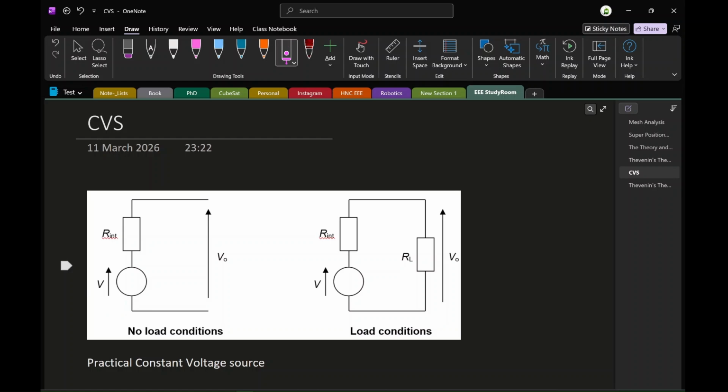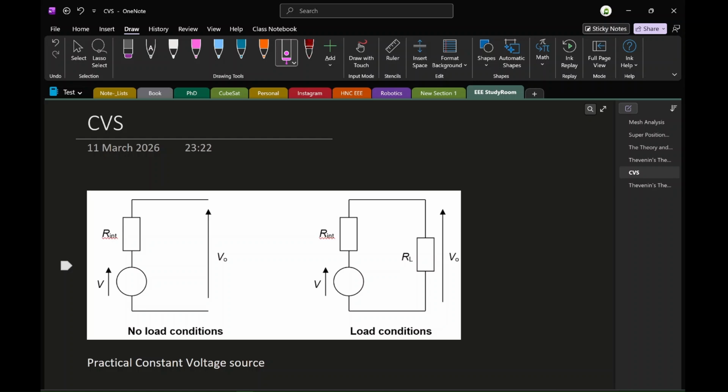That is in series with some sort of internal resistance, a resistor referred to as Rint. The voltage source represents the magnitude of the voltage supplied. The internal resistor represents the internal resistance of the source itself. So for a voltage source, the value of Rint should be as low as possible.